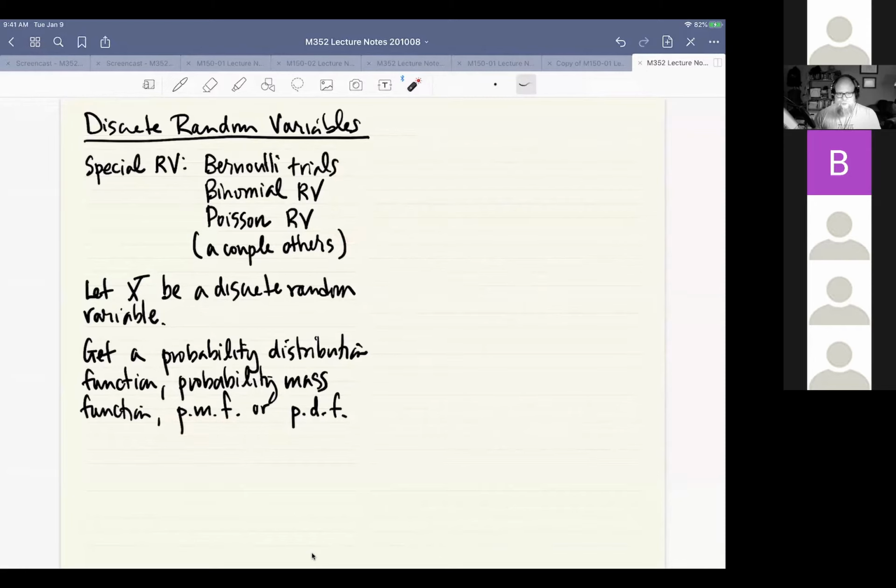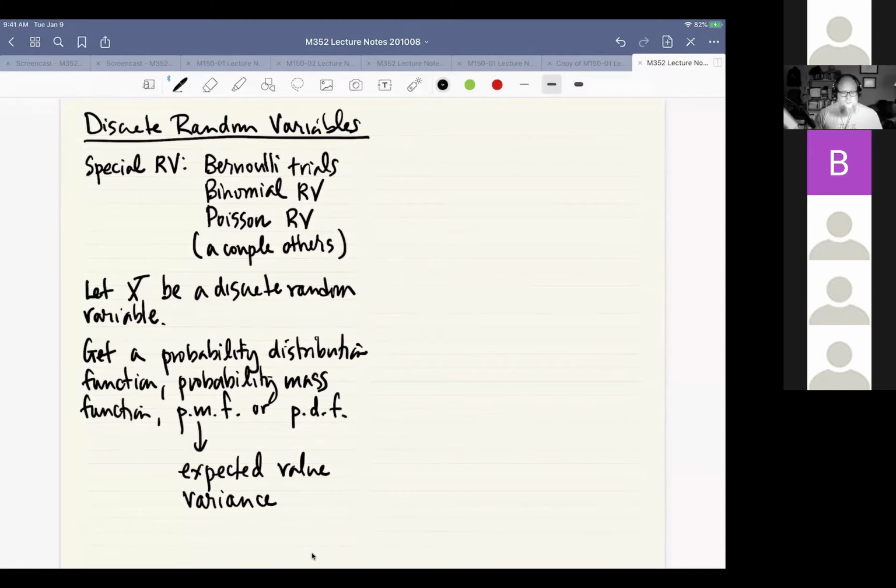When you're asked to understand something about a random variable, usually it's about understanding these probability mass functions. And once we get these, we can talk about their expected value and their variance. These are things I talked about in a screencast from last time, I believe. Right? Those look familiar?